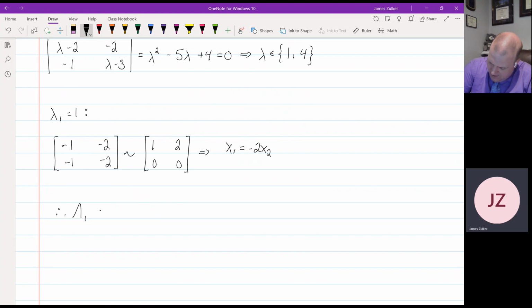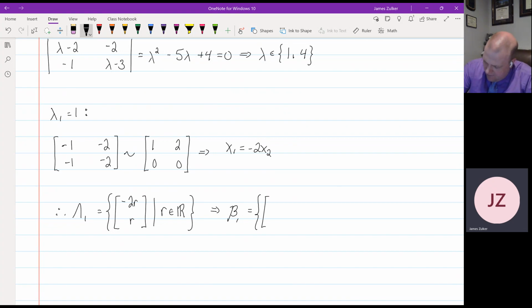So the eigenspace associated with this eigenvalue is the set of all vectors -2r, r, such that r is any real number. Which means a basis for this eigenspace would just be the set of the vector -2, 1.